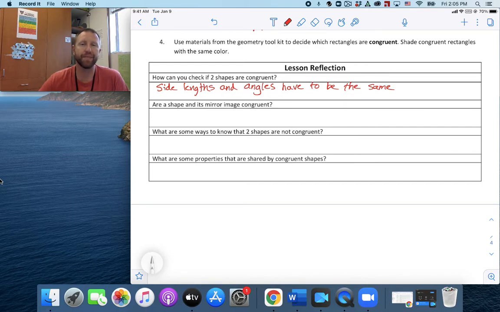Are a shape and its mirror image congruent? Well, yeah, right? Because a reflection is how you get a mirror image, and a reflection is a rigid transformation.